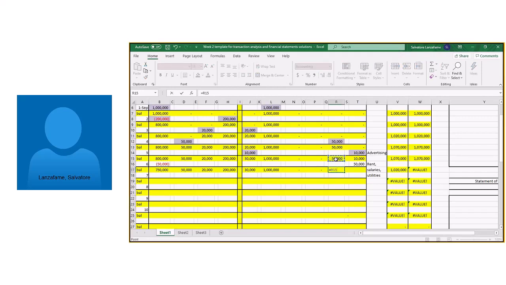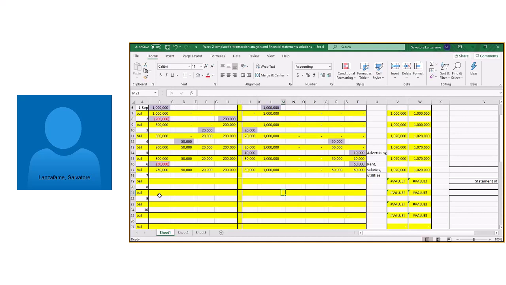Still have $50,000 worth of revenue, but I now have $60,000 worth of expenses. So right now the company is operating at a net loss. 50 minus 60 would have $10,000 as a net loss. Okay, so far this company is not doing so hot.